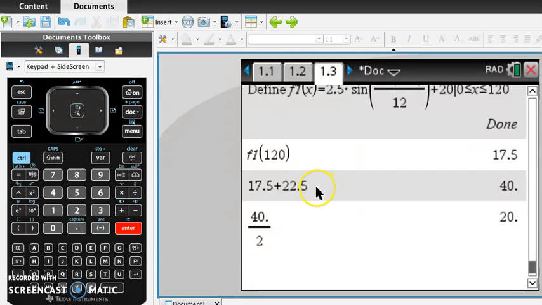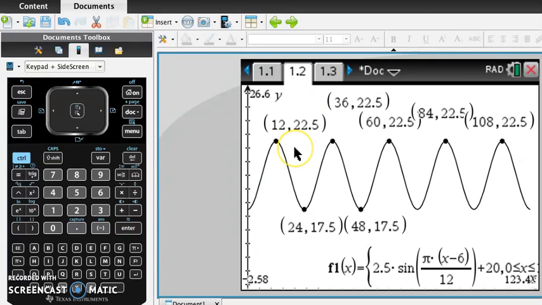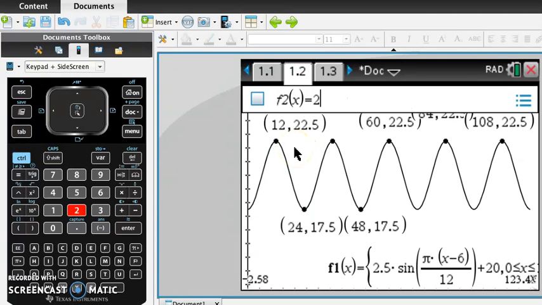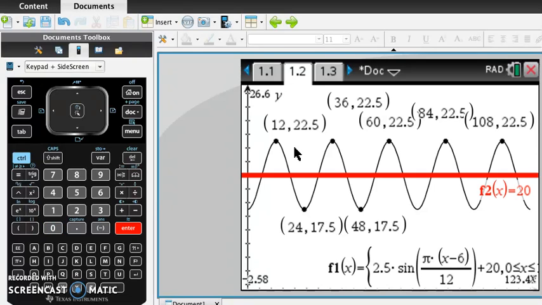So my average temperature is 20. And if on my graph I just put 20 in, I can see that it's straight through the middle, isn't it? So that's my average value.